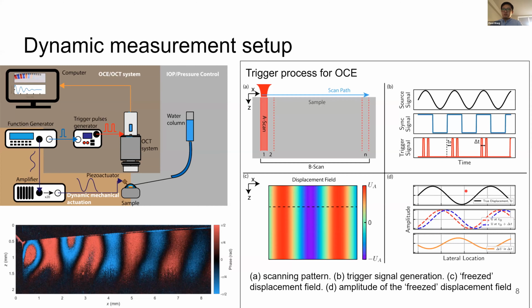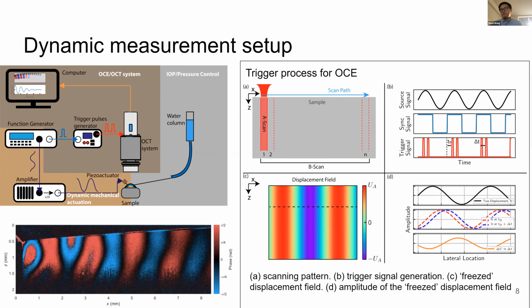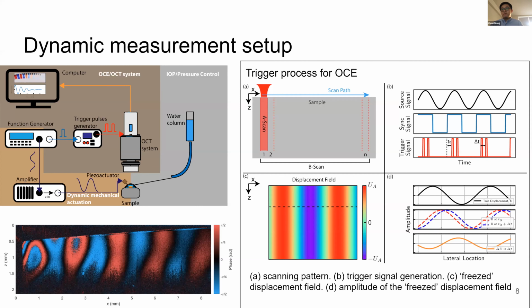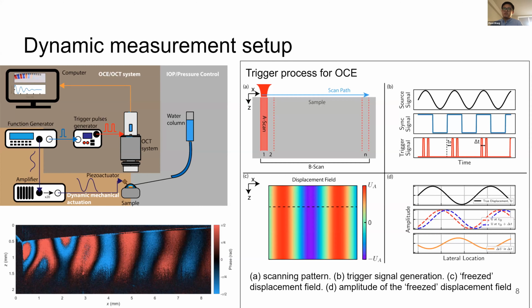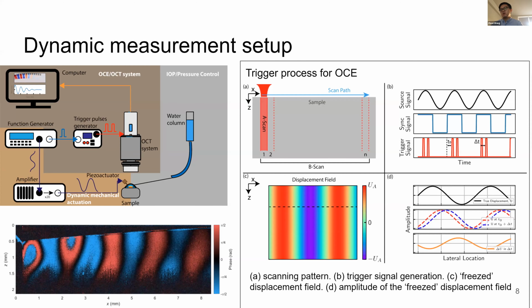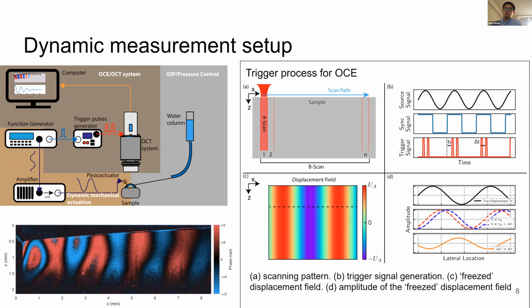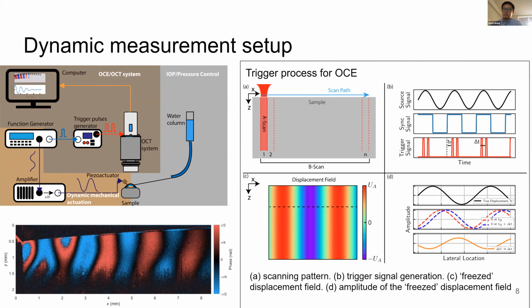The OCE measurement in our setup is a little bit tricky, since we want to generate a wave that travels at several kilohertz frequency, and the commercial OCT system we use cannot reach the high imaging speed. So we also have to set up the trigger process to synchronize the measurement.